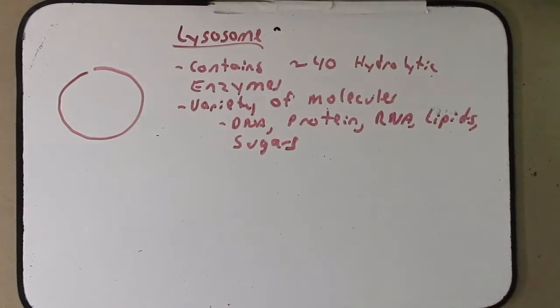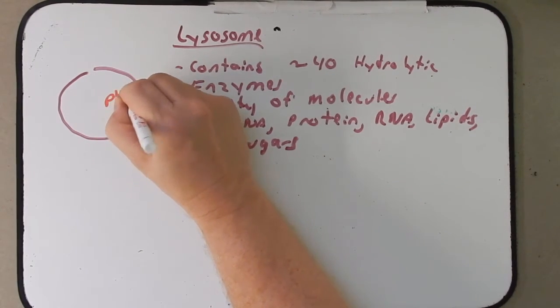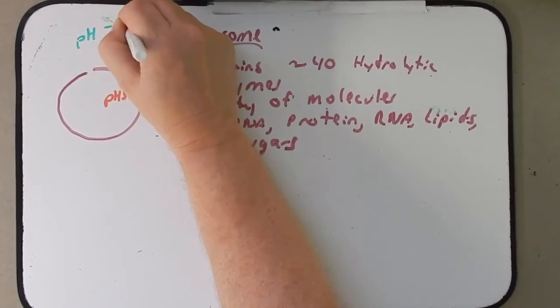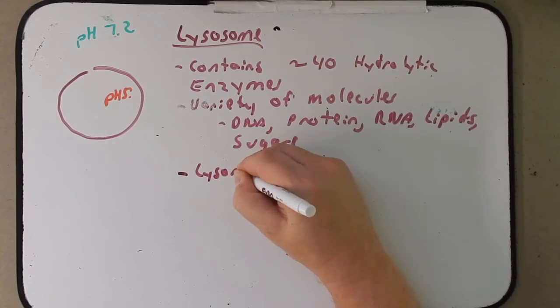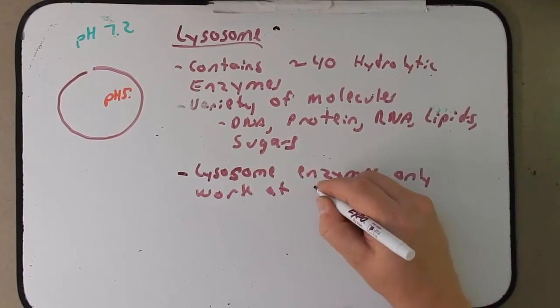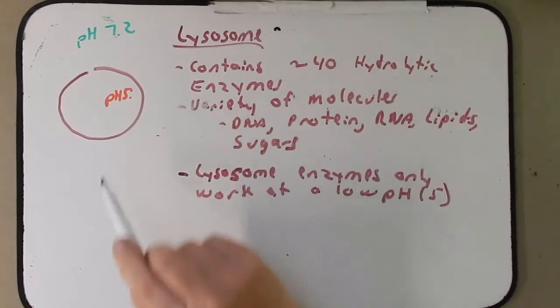Interestingly, the pH of the lysosome is about 5. So it's a very acidic environment. The pH of the cytosol is about 7.2. This pH is very important because lysosome enzymes only work at a low pH, like 5. This is very helpful in many ways.